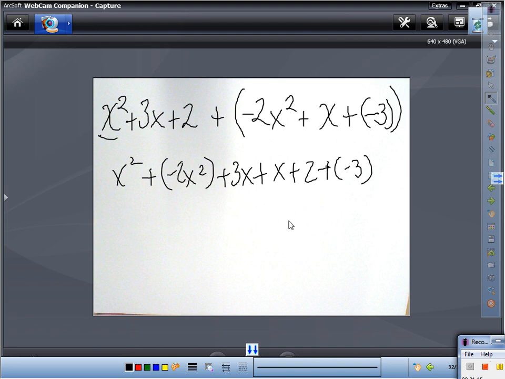What property allows us to do that? Tell your neighbors, please. Ariana, what property? Commutative property of? Are we multiplying? Of addition. Next. Look what I'm going to do to combine.